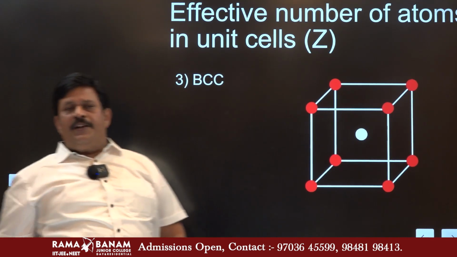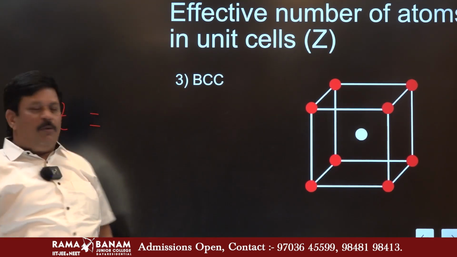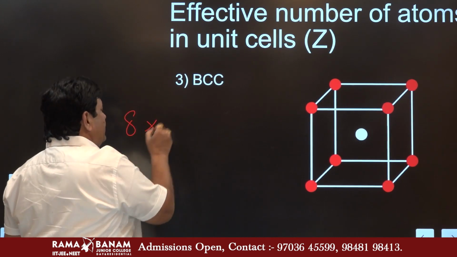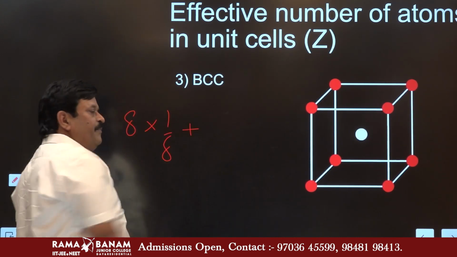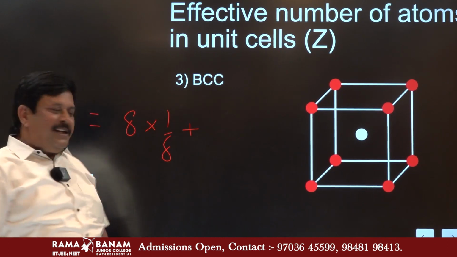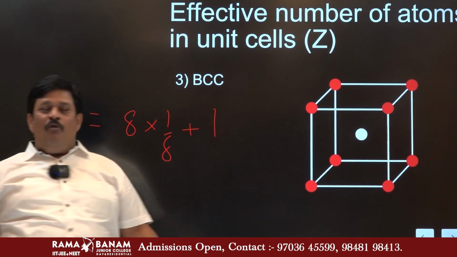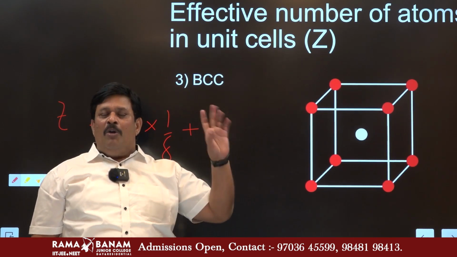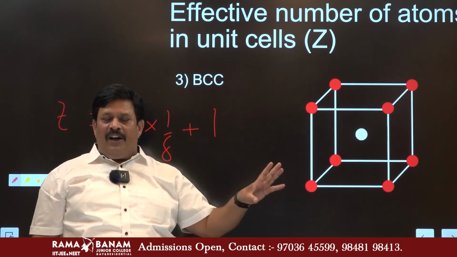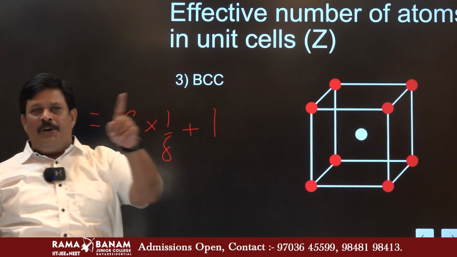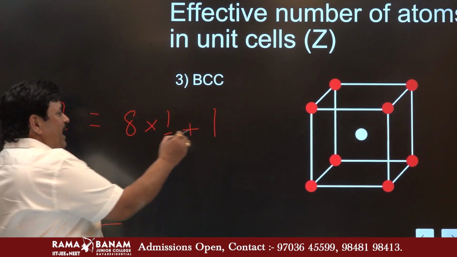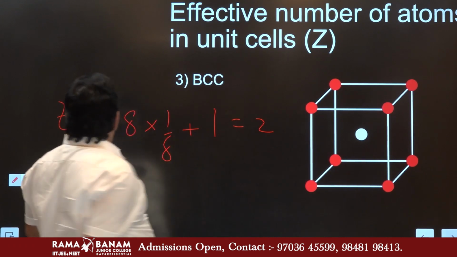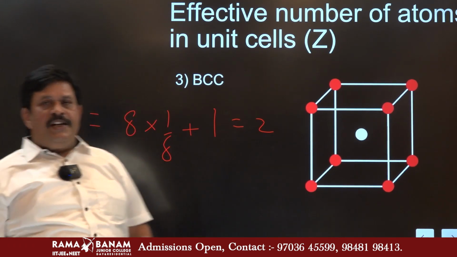How many body corners are there and what is the contribution of the body corner? 8 body corners and the contribution is 1 by 8. How many body center particles are there? 1. What is the contribution of the body center? We already discussed, the body center is confined to 1 and only 1, not shared by any other unit cells. So its contribution is 1. So this value is 2. So the Z value for BCC is 2.